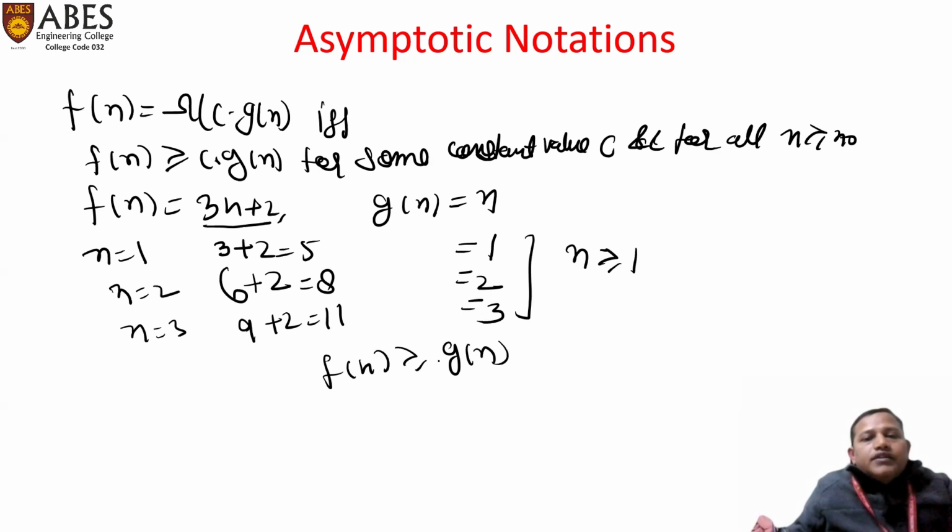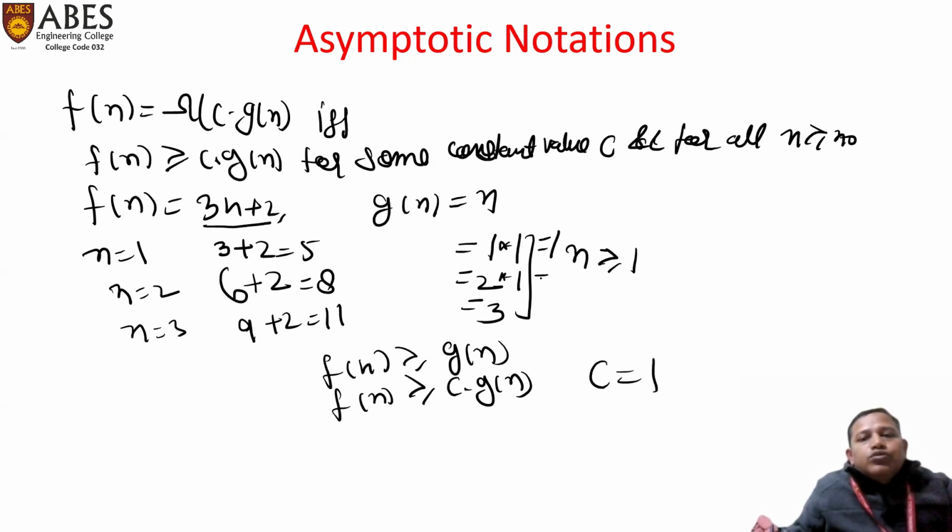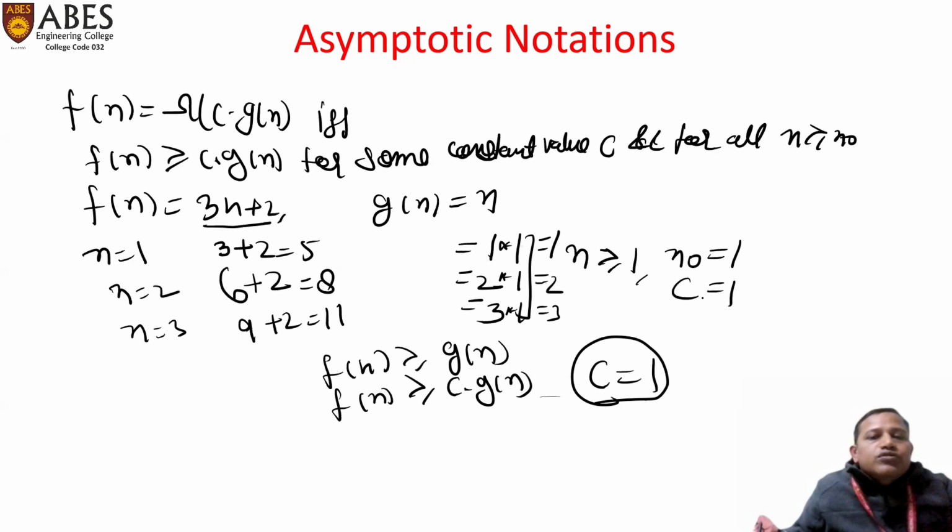If we multiply this function with a constant value c into g(n), and consider c is equal to 1, then it will be 1 into 1, that is 1, 1 into 2, that is 2, 1 into 3, that is 3. Means this is also true for c equal to 1. So we can say that n0 is equal to 1 and c is equal to 1.